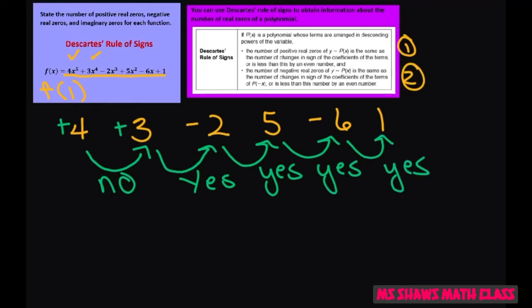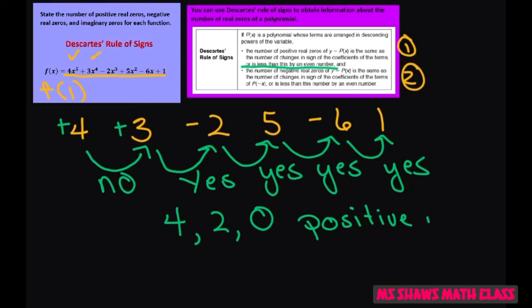So that means we have at most 4 positive real zeros. But you can also go down, to less than that by an even number. So it's 4, 2, or 0 positive real zeros. I'll put real zeros.